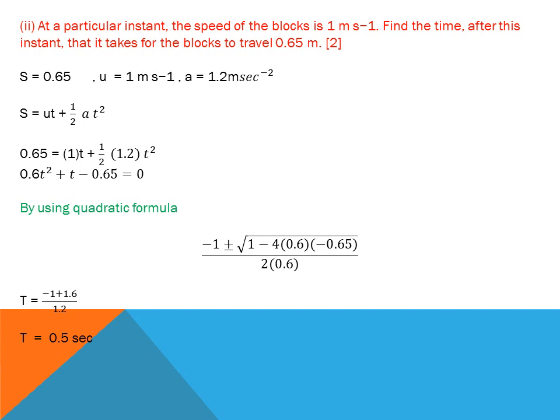I replace all the values of the variables, then I find a quadratic equation 0.6t² plus t minus 0.65 equal to 0. By applying the quadratic formula, minus b plus or minus the square root of b squared minus 4ac, over 2a, I will find that the value of t is 0.5 seconds. We only take the positive value of the square root because time cannot be negative. So that's why t is equal to 0.5.